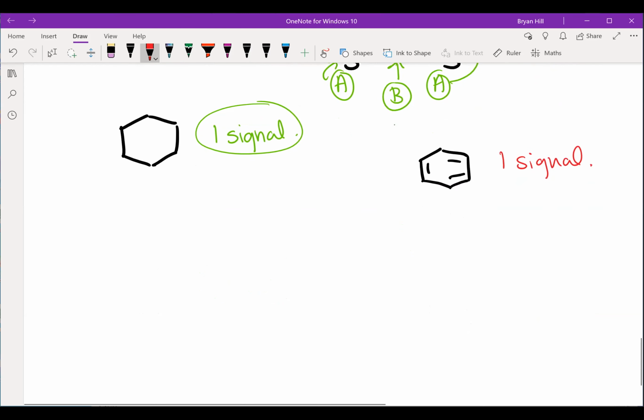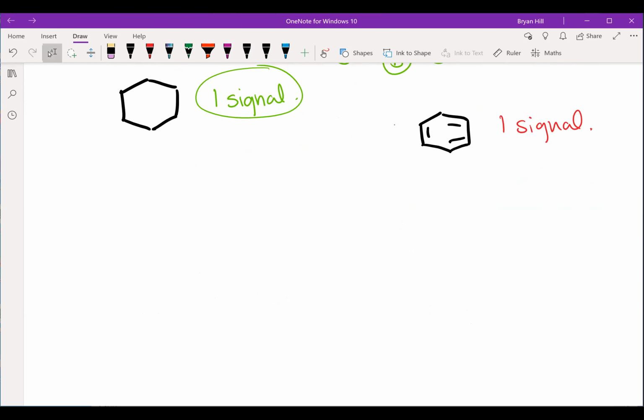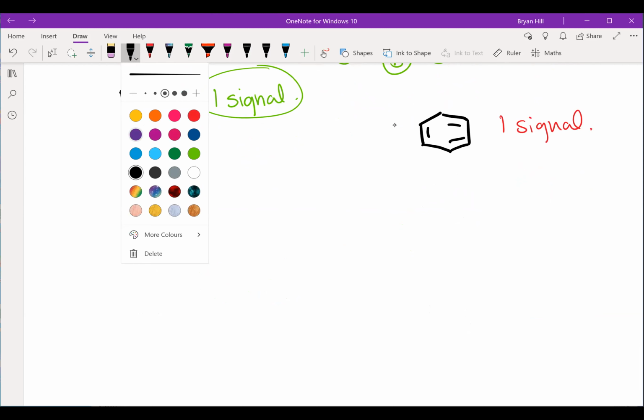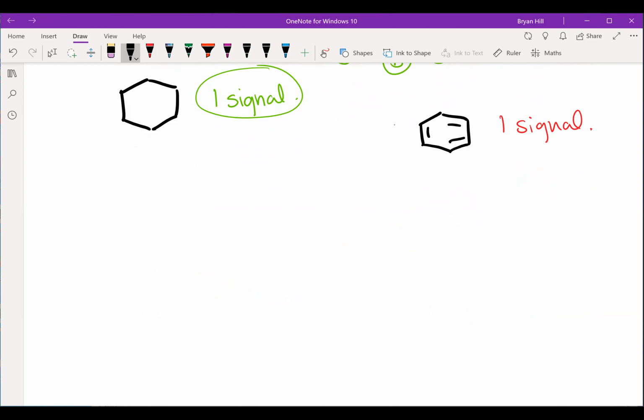Let's do a slightly more complex example. How about this?